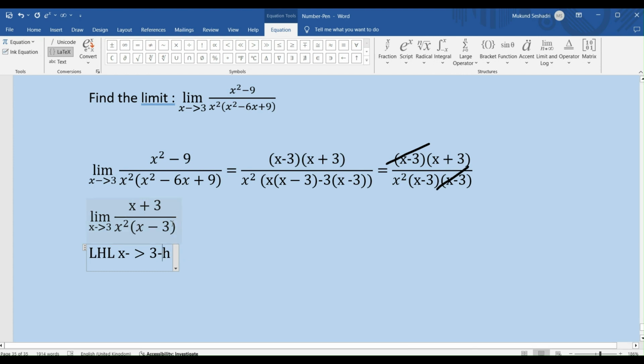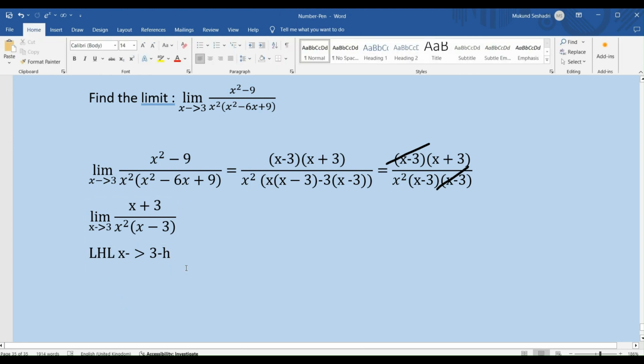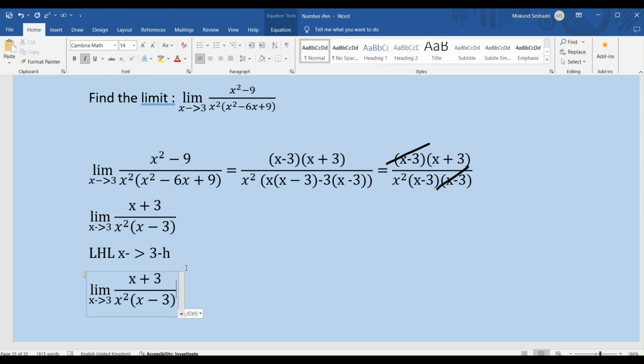So when I write this expression, what do I get? My x replaced here becomes 6 minus h, and my x replaced here becomes 3 minus h the whole square, and my x replaced here becomes 3 minus h minus 3, which becomes minus h, right?